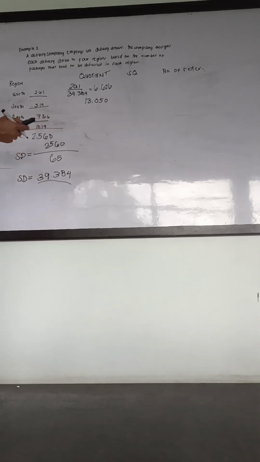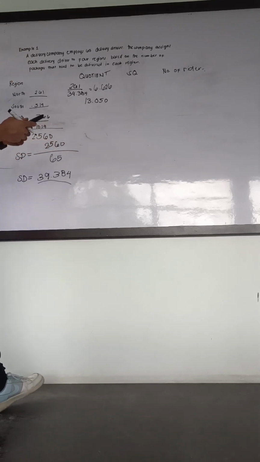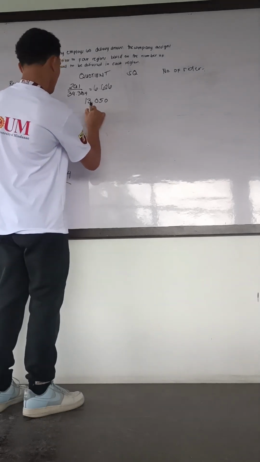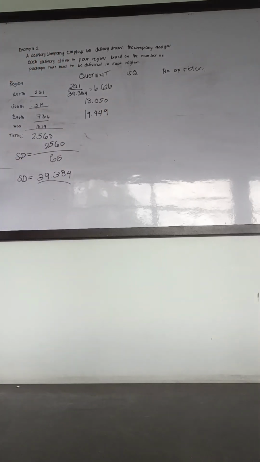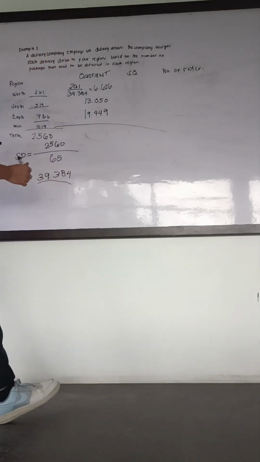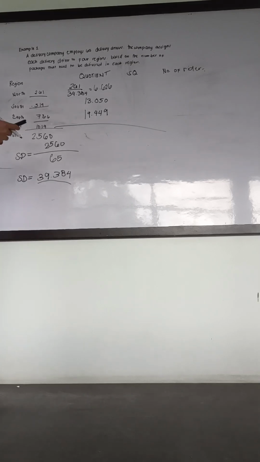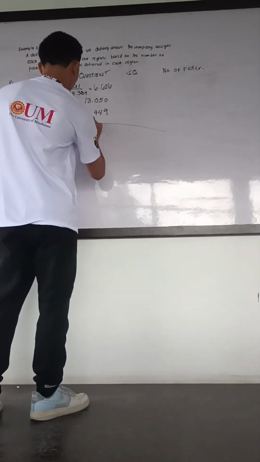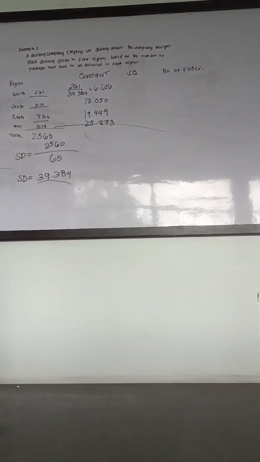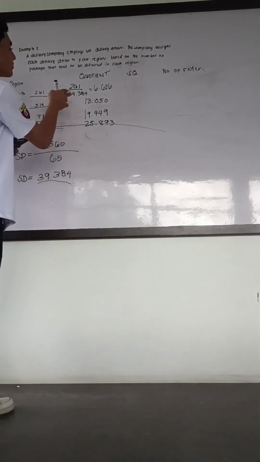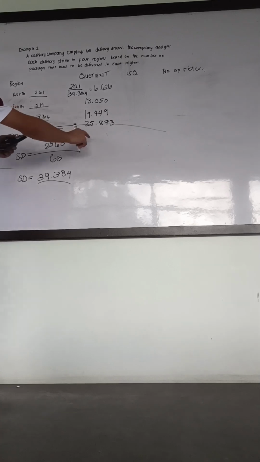Then for the east, we have 766 divided by 39.384, so we have 19.449. For the west, we have a calculation of 25.873. So we are now done calculating our quotients.